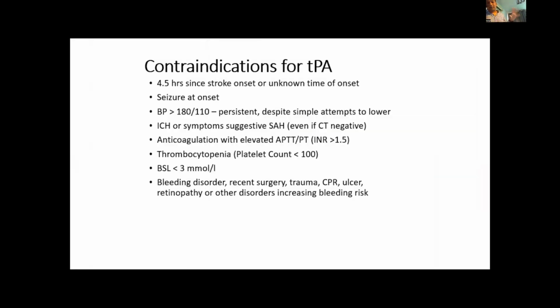Once again, I think all of these contraindications are a bit hazy now. BP, for example, I tend to bring them down before I give them IV TPA, so we use either labetalol or IV hydralazine, and if that's not available, something like a GTN would probably be available here to give them a go.